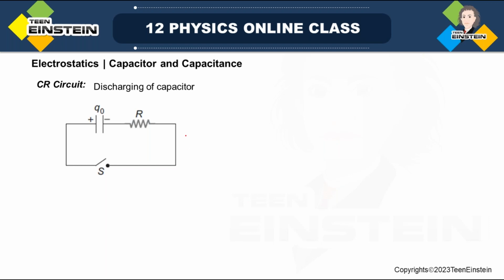But when discharging happens through a resistor, this will take a longer time. As we have seen, this will again be an exponential phenomenon. How can we see it?